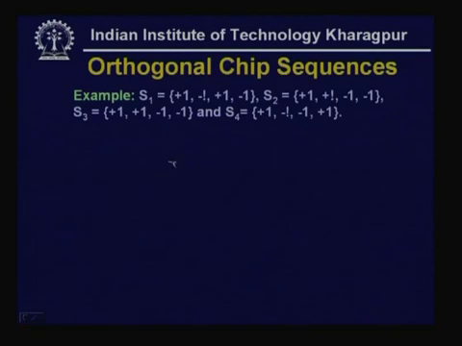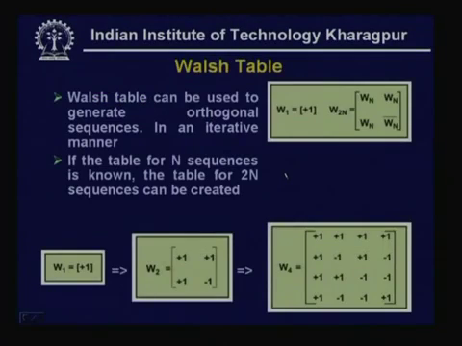That means you have got A, B, C, D. It is possible that two stations are not transmitting, one is sending 0, another is sending 1, and all possible combinations are possible. Even in this situation, it will be possible to multiplex and demultiplex at the other end. Now you may be asking how the chip sequences are generated.